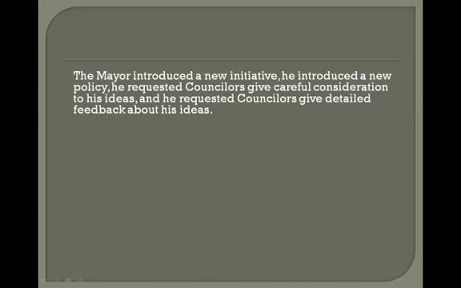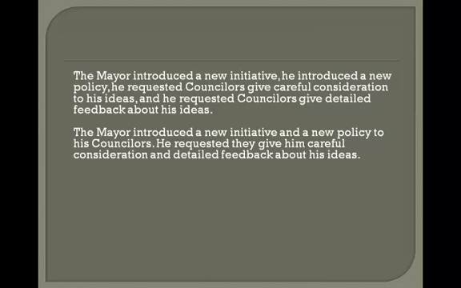Here's another example. This is very wordy. We've got a list here again, but we've got a couple of things going on. We've got different verbs. So we've got one person both introducing things and requesting things. And so my advice would be to actually make two parallel lists.